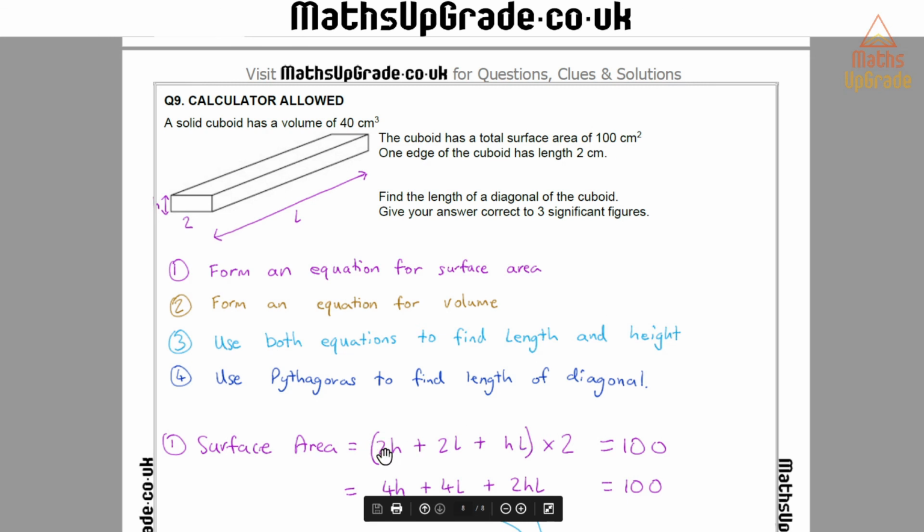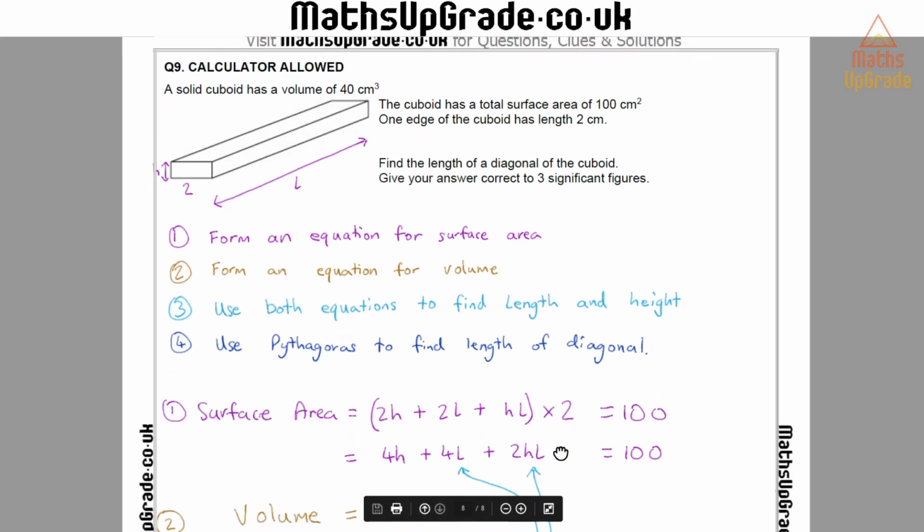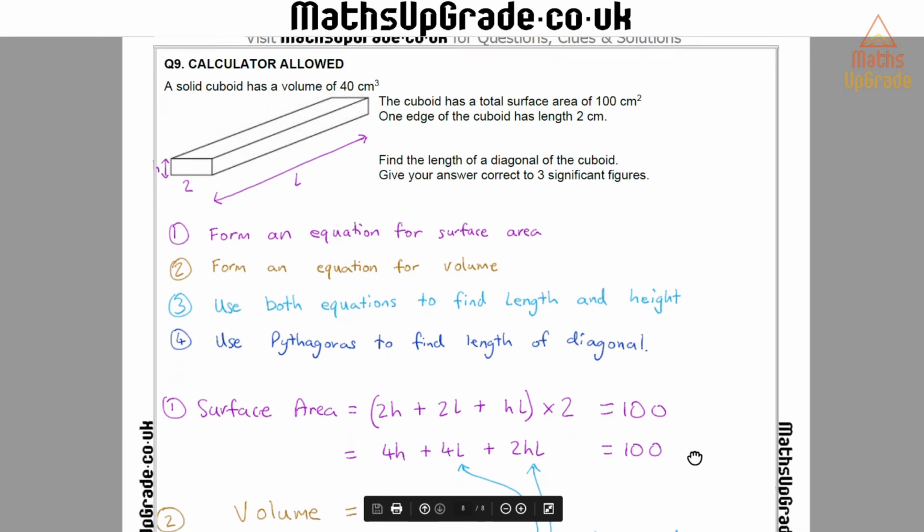So that's what I've done here. Area of the front is 2h, area of the top is 2l, and area of the side is hl. I need to add these together and then double it, since I've got 3 hidden faces behind this diagram. So expanding that bracket there would give me 4h plus 4l plus 2hl, and that equals 100.